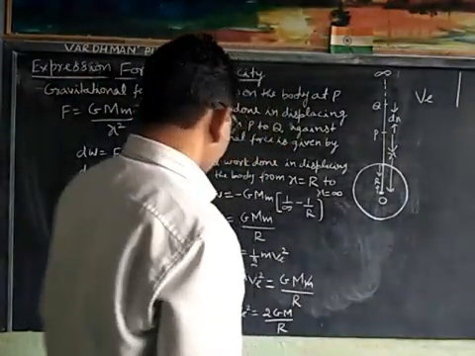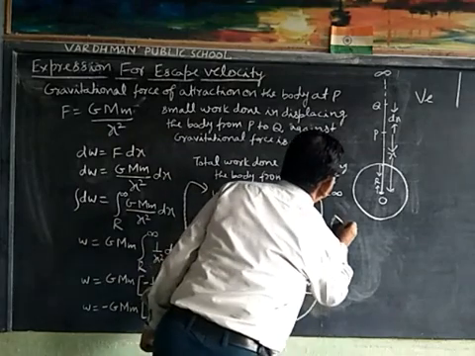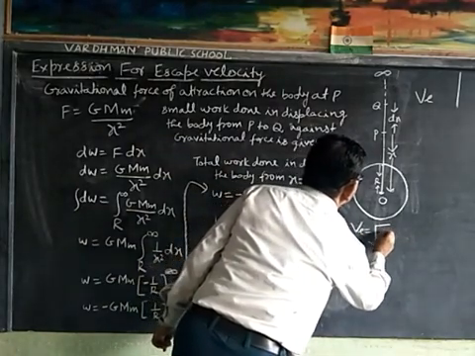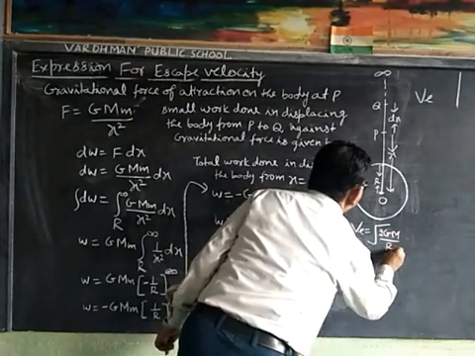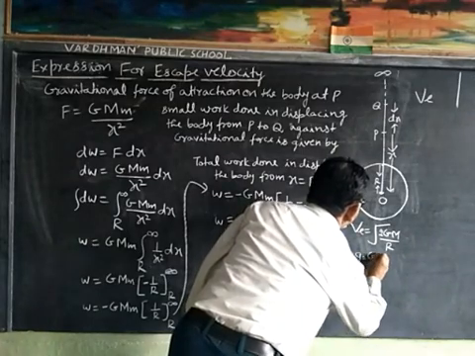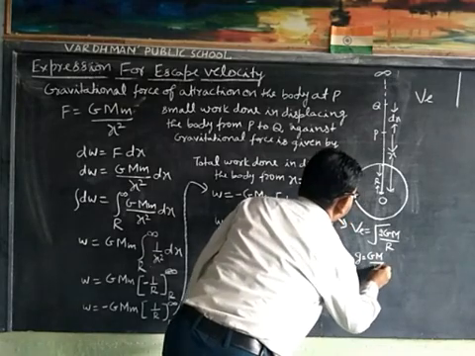Now what is VE? VE is equal to under root 2GM upon R. We know g is equal to GM upon R square.